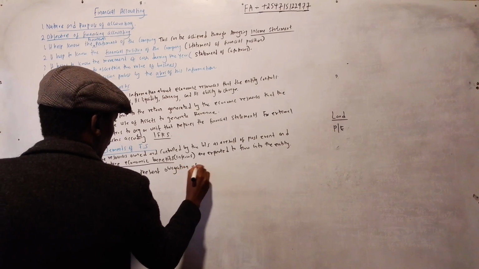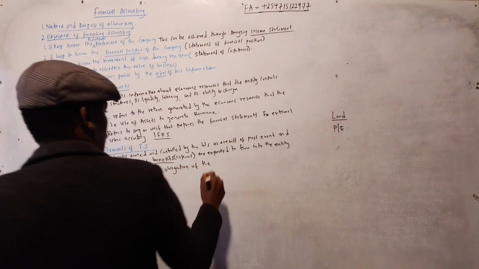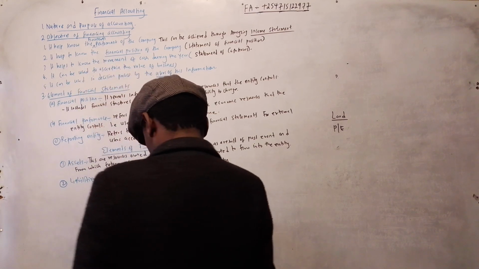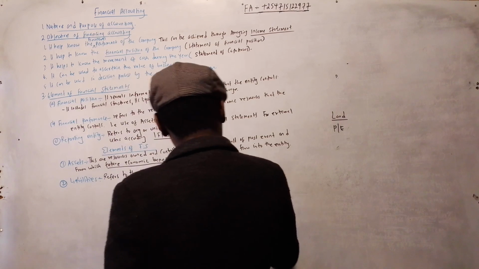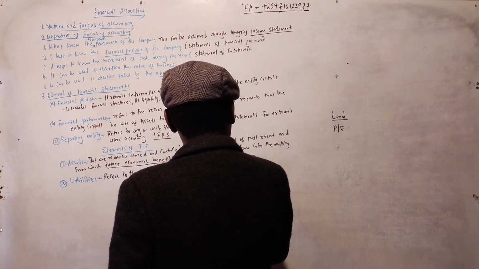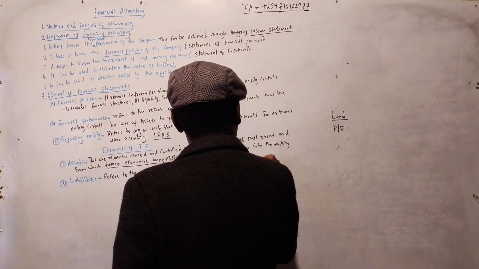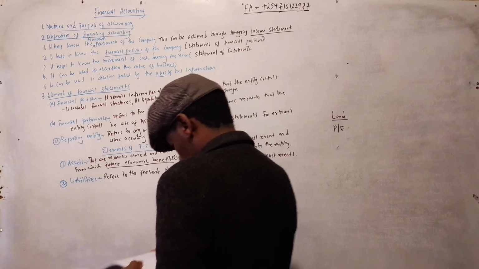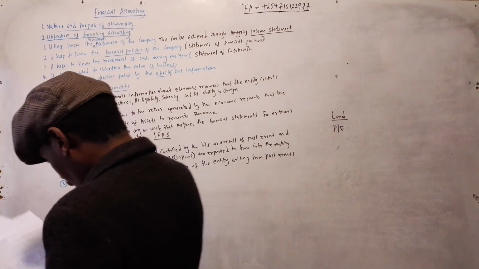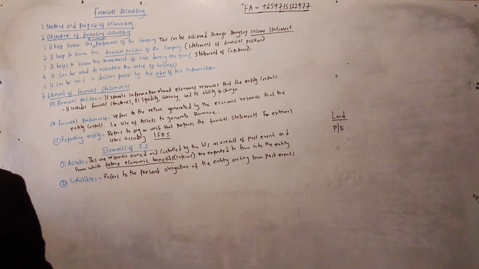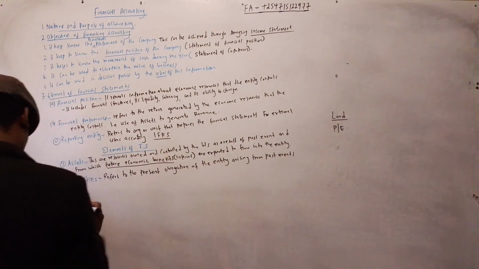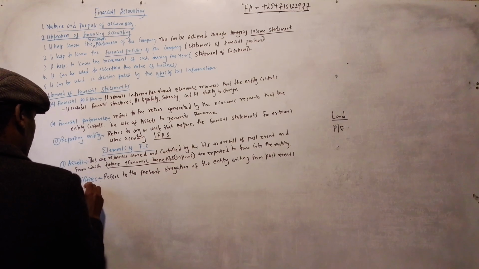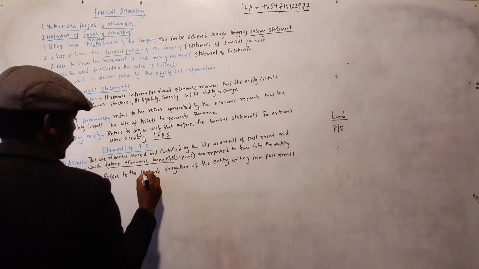Of the entity. So it refers to the present obligation of the entity arising from past events. And the settlement is expected to result in an outflow. Remember, for an obligation you need to do what?